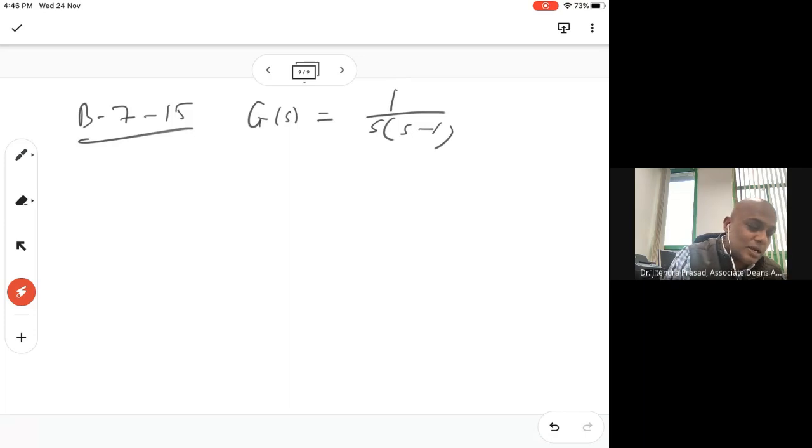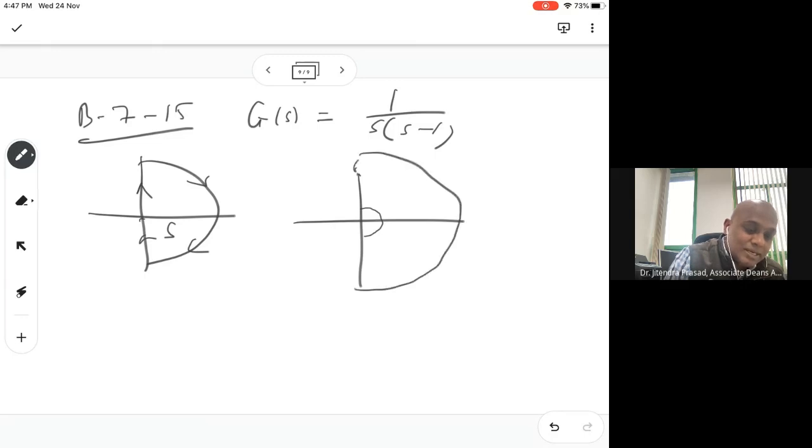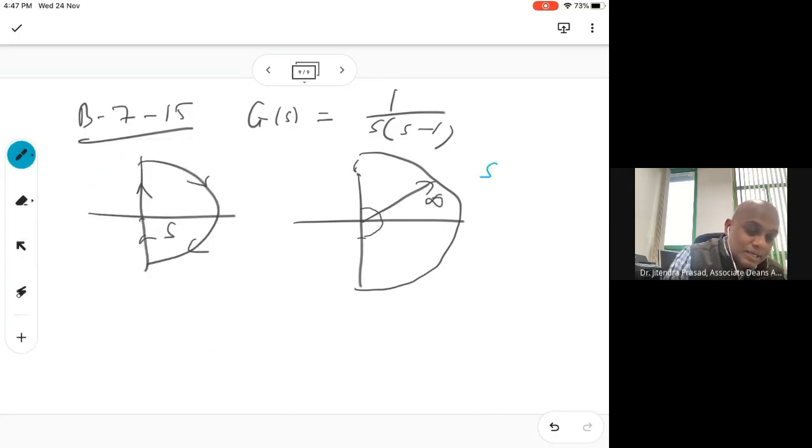So in that case, instead of plotting for this, going like this and this, and this is S, right? You will have a small radius here and a big radius here. So you will have infinity here. You will trace this. This is the S plane, right? So you will go like this, then this like this, and like this.